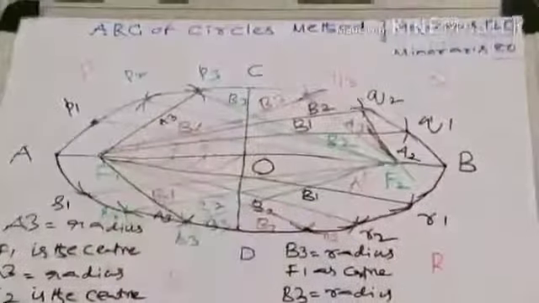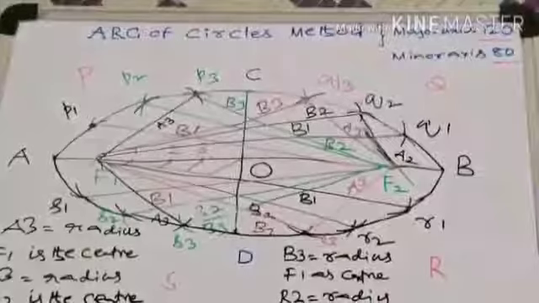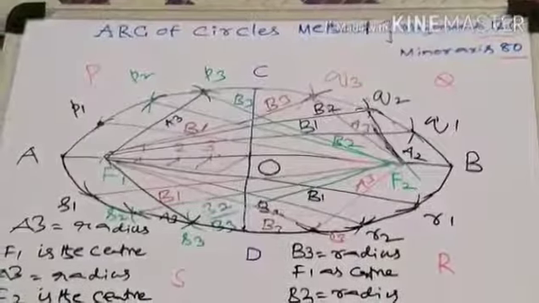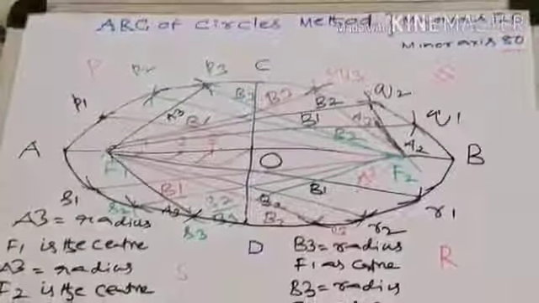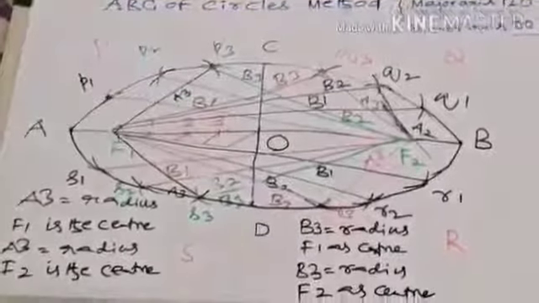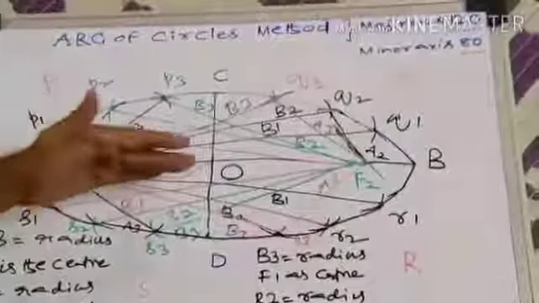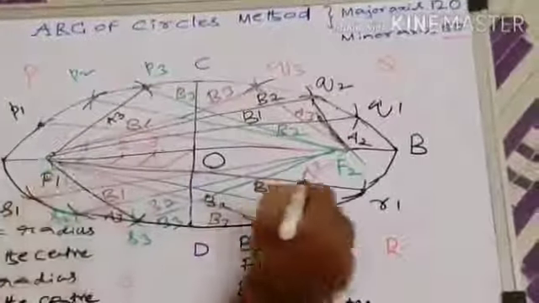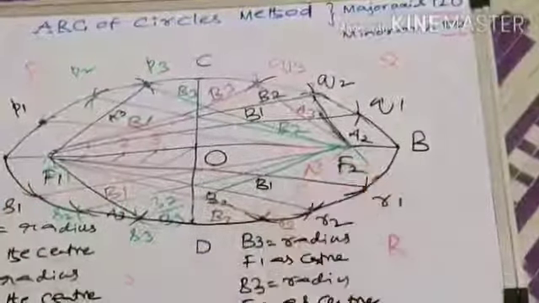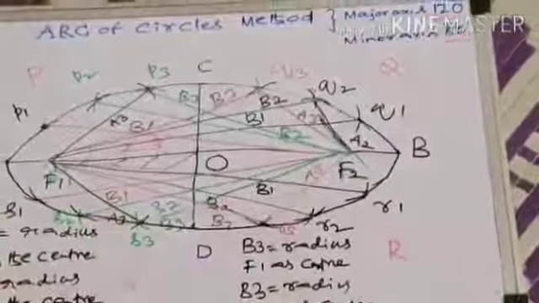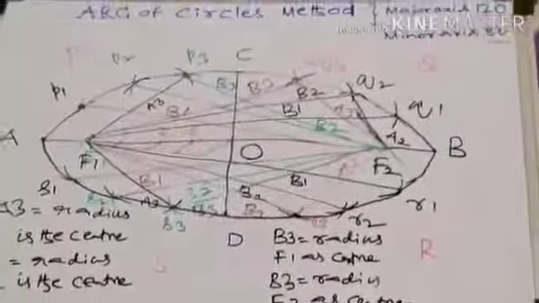an ellipse. Now for this one, how to draw a tangent and normal. Suppose you have to locate any point on a curve, from a distance from major axis, distance from minor axis, and distance from its focus. Now I am considering a point.